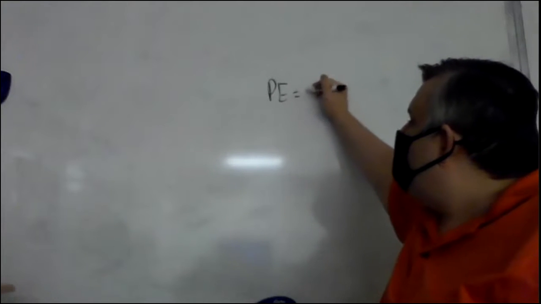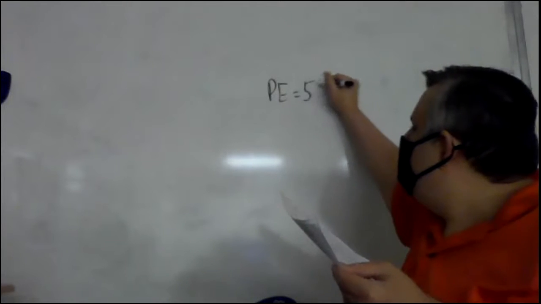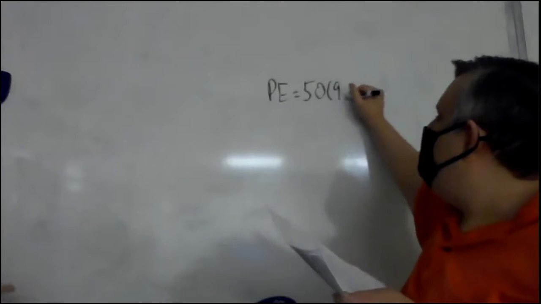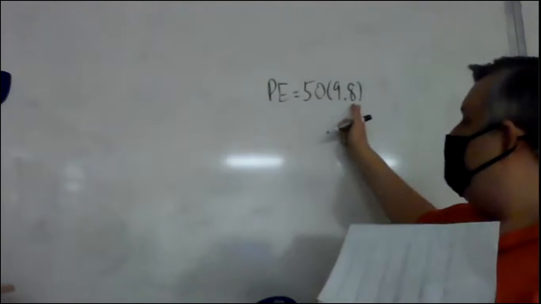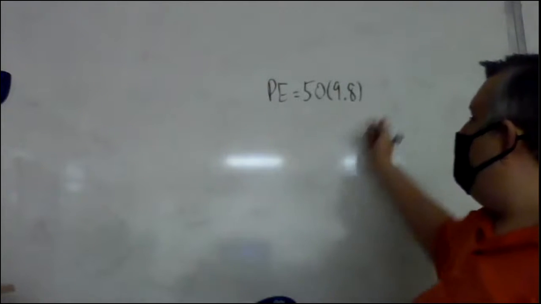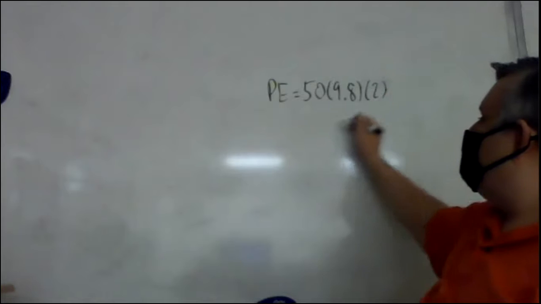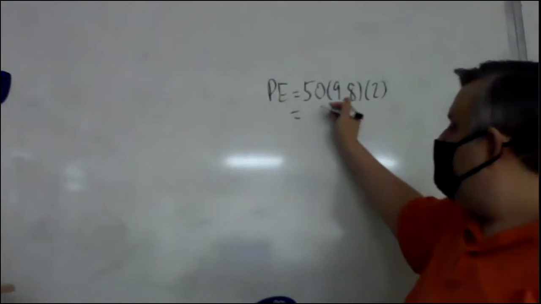So remember, the potential energy formula is mass, which is 50, times g, which is 9.8, the acceleration of gravity. That number doesn't change. And the height above the floor, which is 2. 50 times 2 is 100 times 9.8.